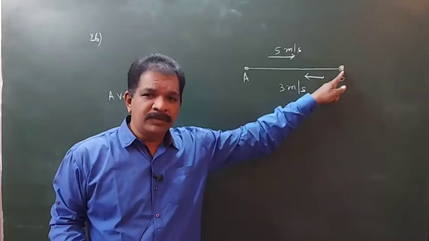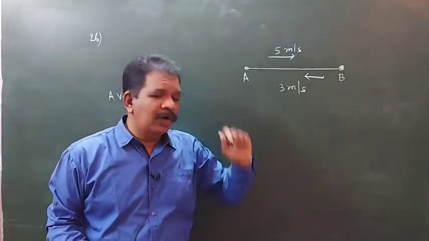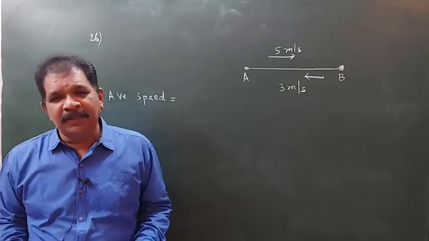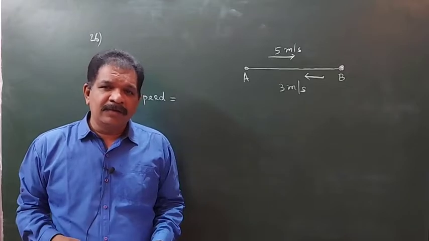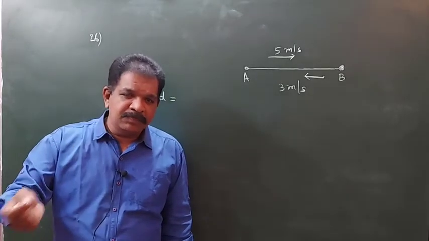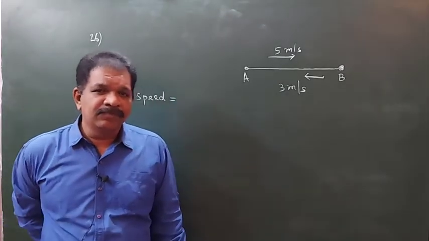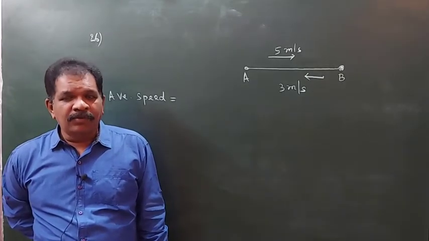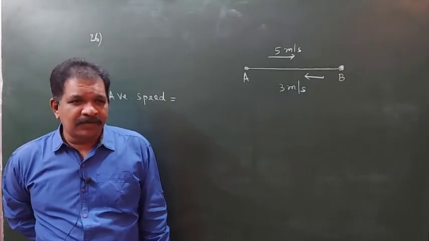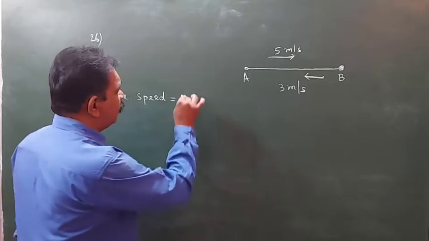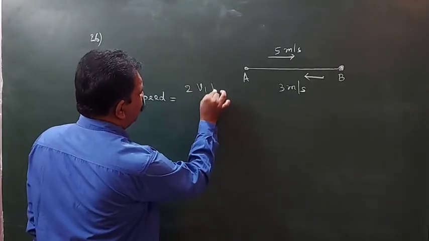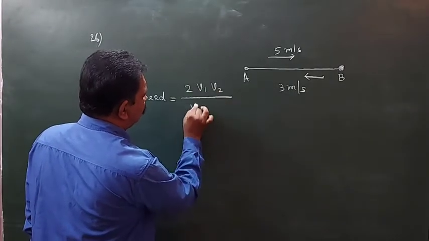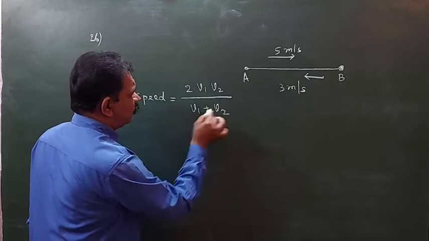A to B how much will be there? B to A also same distance will be there. Then what will happen in equal displacements or distances? Velocities are V1 and V2. Formula for calculating the average velocity will be 2V1V2 by V1 plus V2.